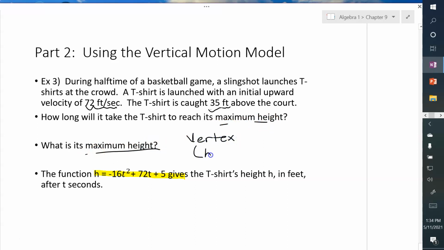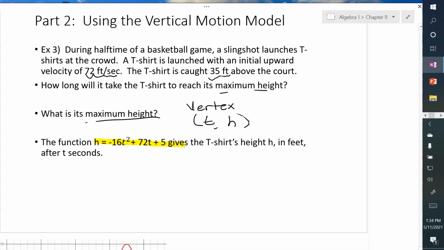And our vertex is going to be t, h. So my axis of symmetry, that's going to tell me the time t, and then I plug that in, that's going to give me the height h. So here goes. Get my axis of symmetry, so A equals negative 16, B equals 72, C equals 5.